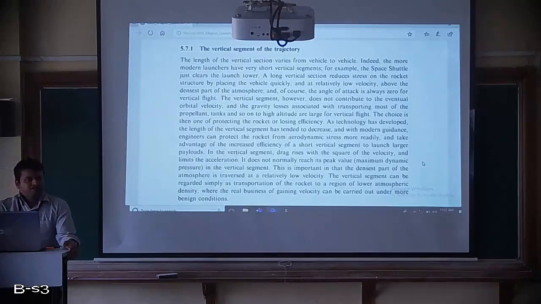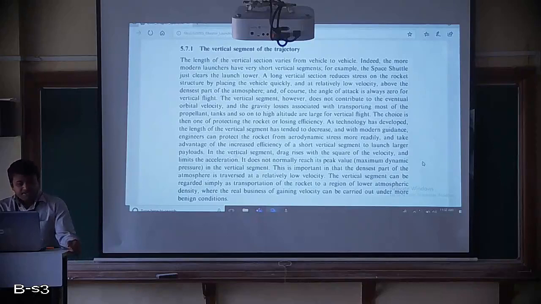Engineers are so smart. They make the rocket undergo a very short distance of vertical segment, and then they can protect it from aerodynamic stresses by using certain special guiding systems. So this is possible nowadays.